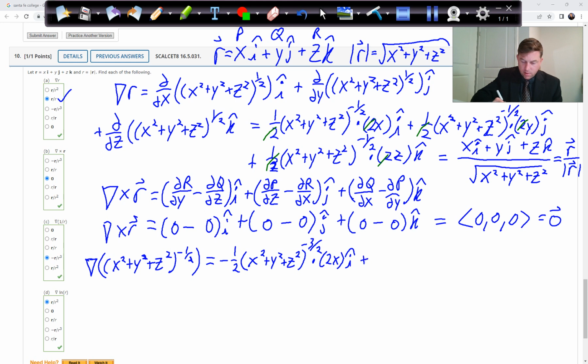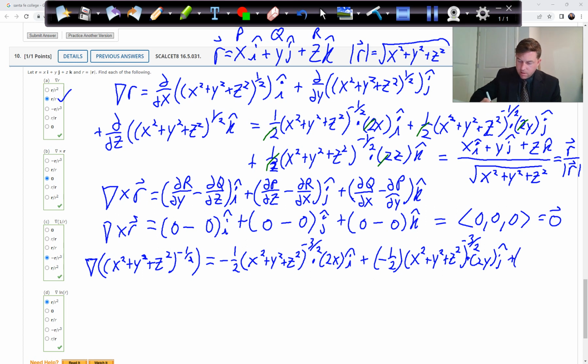And then it's going to be plus negative 1/2, same thing, x squared plus y squared plus z squared to the negative 3/2 times 2y in the j direction.